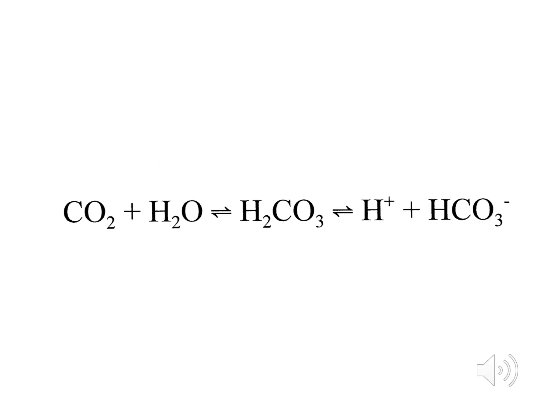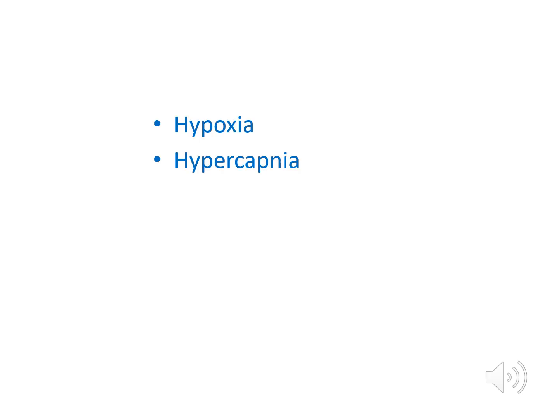Now, the really cool thing about this equation is it shows you that the body can take a waste product like carbon dioxide and change it into something that it can actually use to keep you in acid-base balance. Isn't that cool? So that's how oxygen and carbon dioxide move back and forth between the lungs and the tissues.